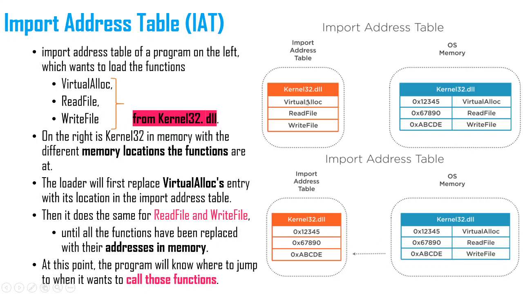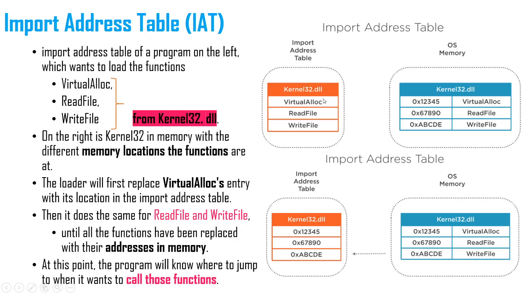VirtualAlloc is the function it needs for executing that particular malicious file, and hence the memory address of that function has to be loaded in the import table. So 0x12345 has been loaded here. 0x67890 for ReadFile has been loaded here. 0xABCDE for WriteFile has been loaded here in the import address table.